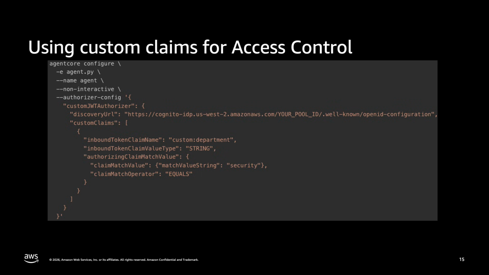Unlike scopes, which define what a client can do, custom claims define who the user is: their department, role, tenant, or any other attribute. In the authorizer config, you specify custom claims with validation rules. You provide the claim name, its type, and the match operator. When a request comes in, AgentCore checks if the token's claim is as expected. If it doesn't match, access is denied.